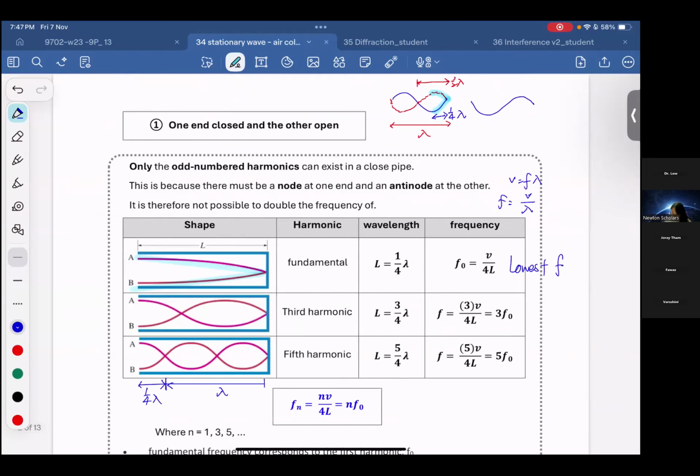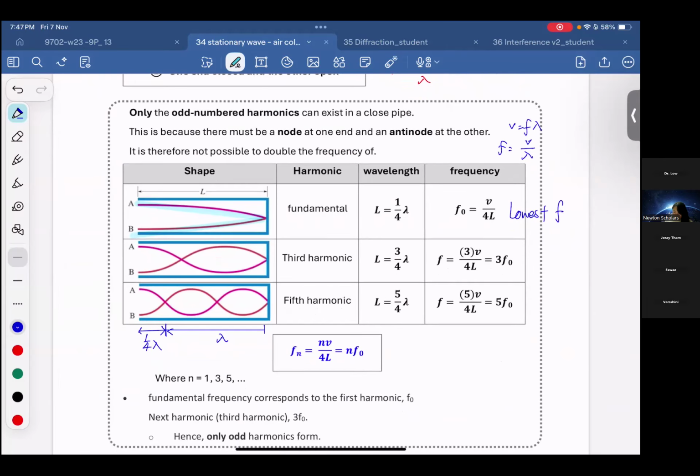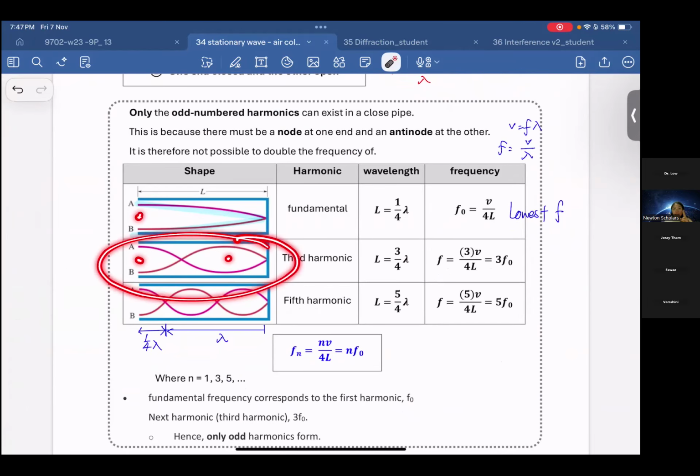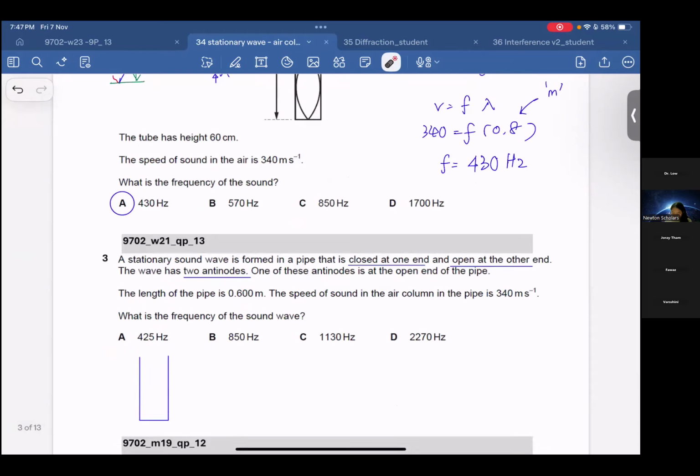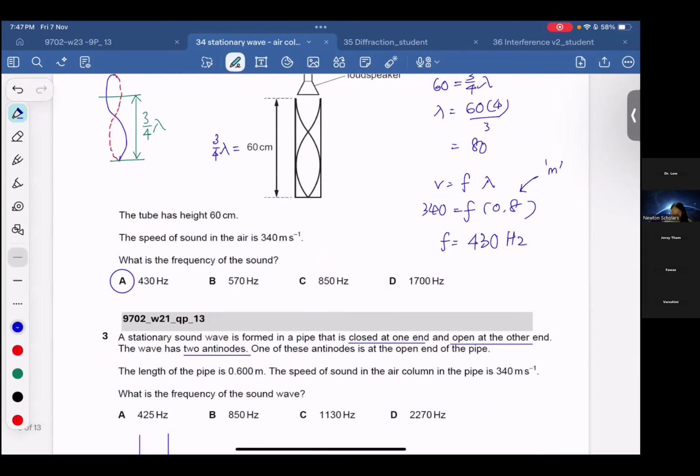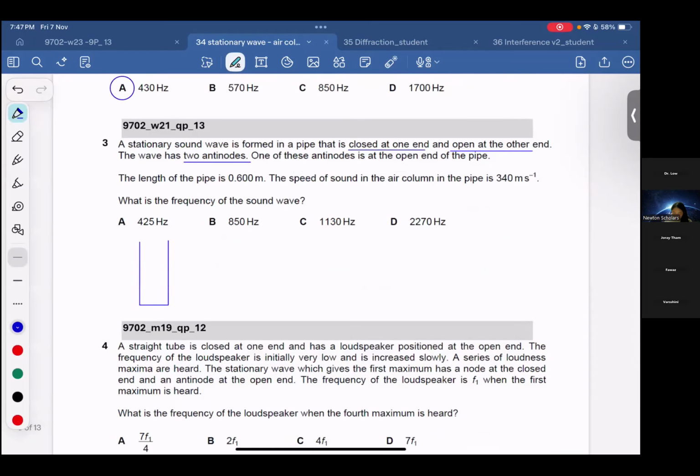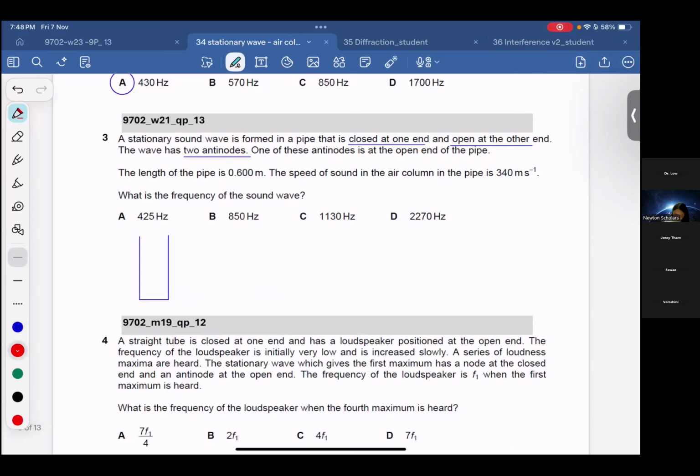Which case do they ask? This is only one antinode. So this is 1, 2, this is two antinodes. So what they're asking right now is the second case. So we have to draw the same as question number 2. So you have to draw like this.